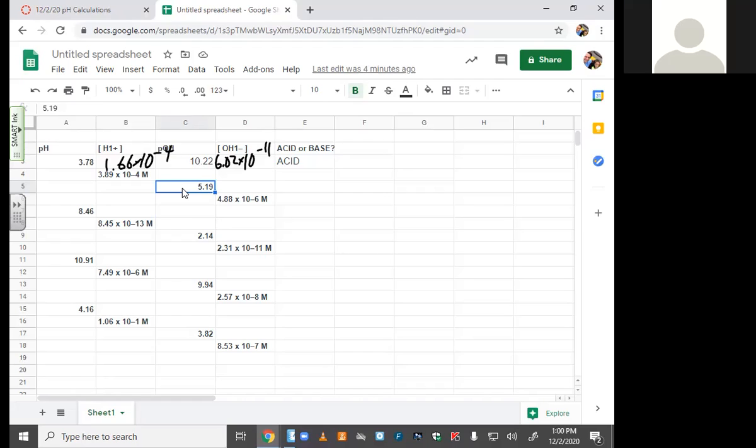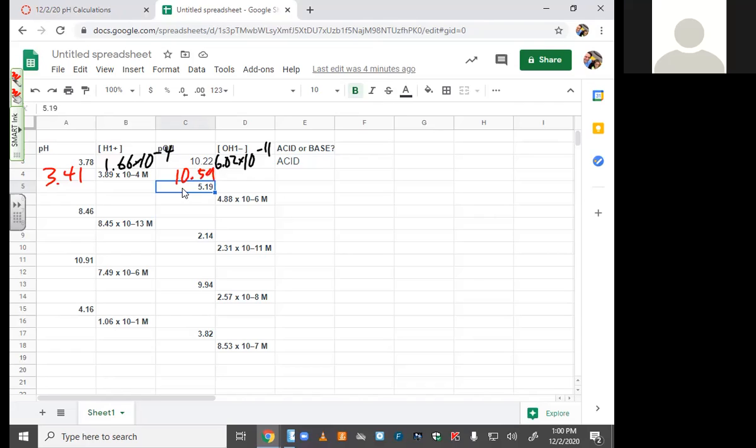Smash your enter button. And then how do you find the pOH from that? Subtract that from 14. You get 10.59.